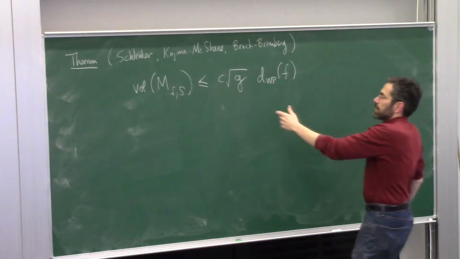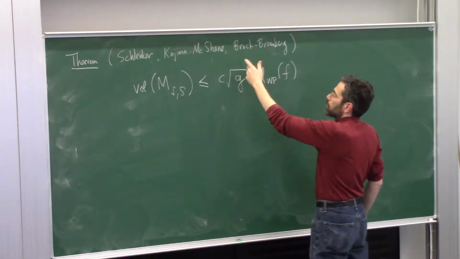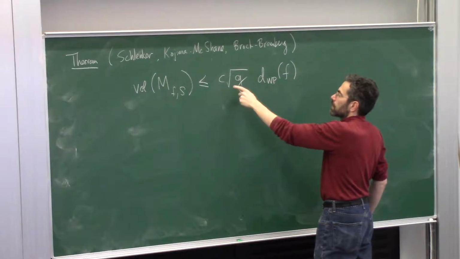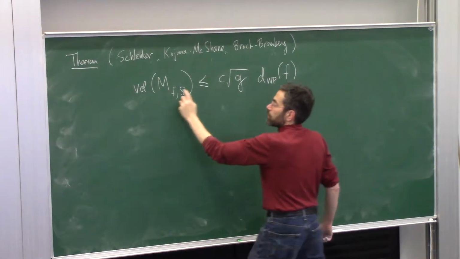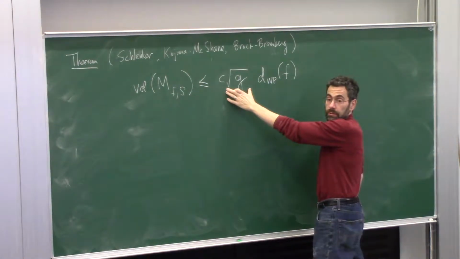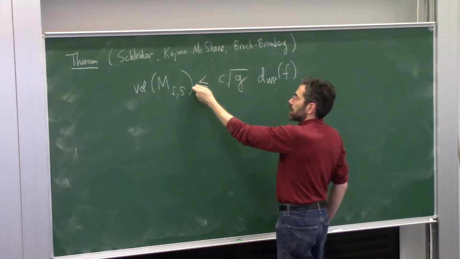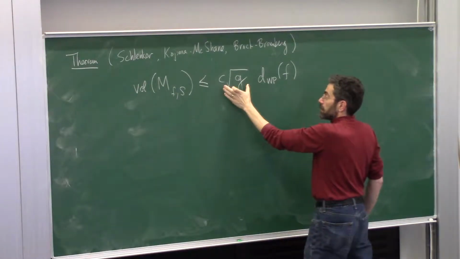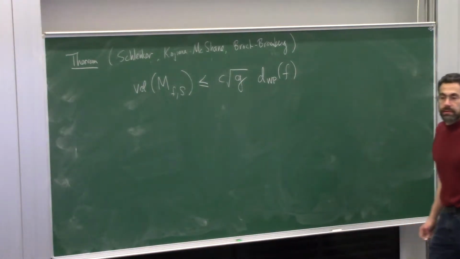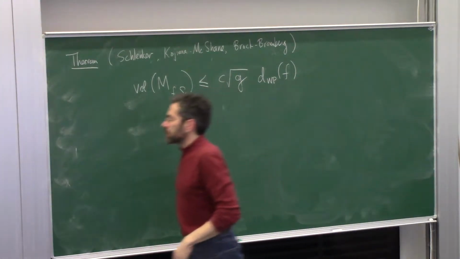This is a strengthening of an earlier theorem of Jeff Brock, in which there were inequalities in both directions, but the constants weren't known. And so the interesting new thing is that the constants are known to depend on, in fact be, the square root of the genus.